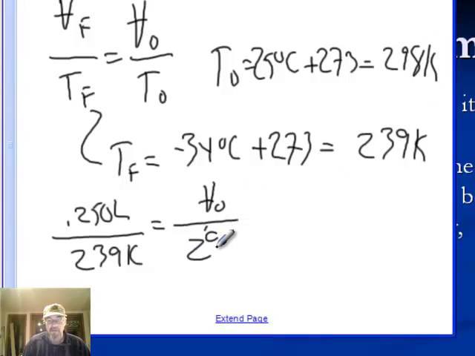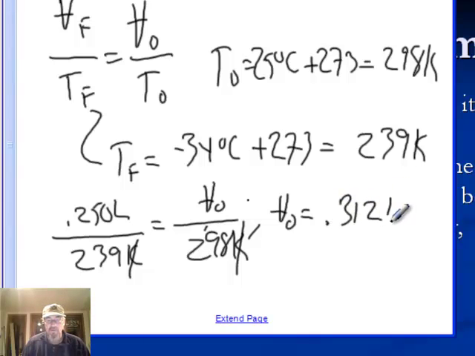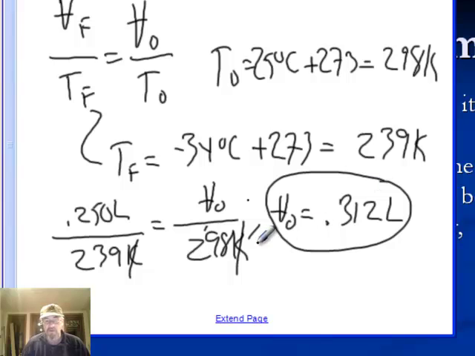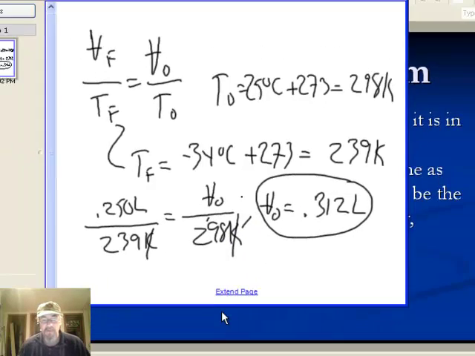So that's what goes down here, 298 kelvins. Kelvins are going to drop out. You do the cross multiply and divide thing, 298 times 0.250 divided by 239, and that gives you the volume outside, which is 0.312 liters, and that's an increase in volume when it gets warmer. That's what you'd expect to see according to Charles' law.